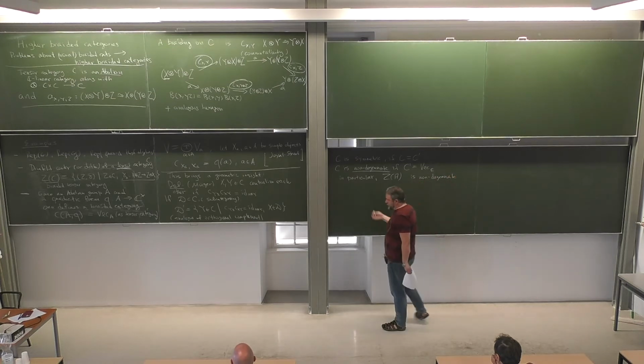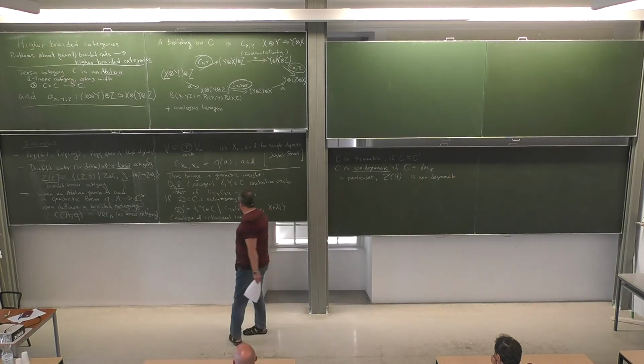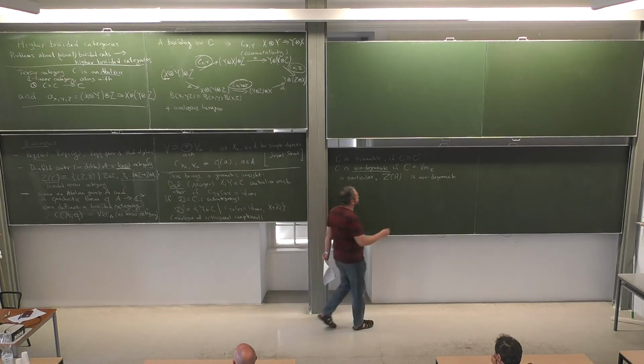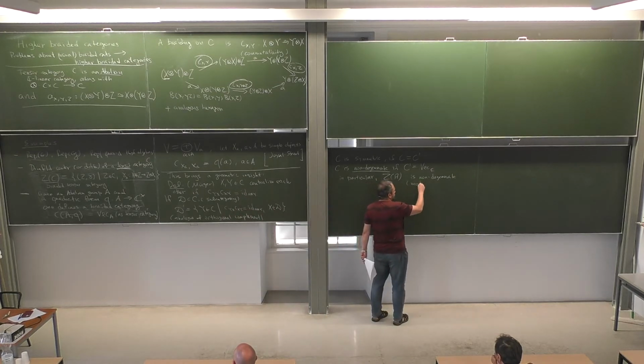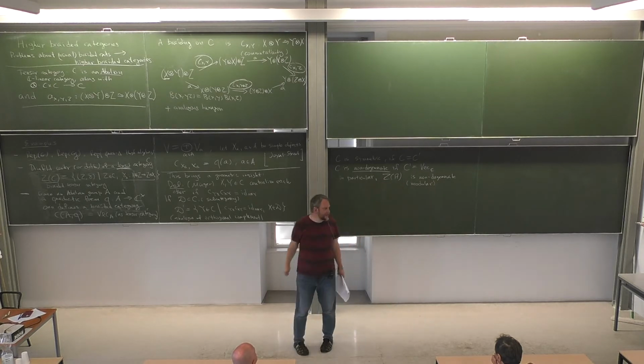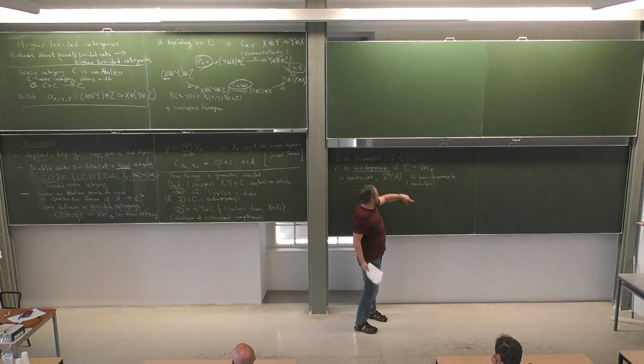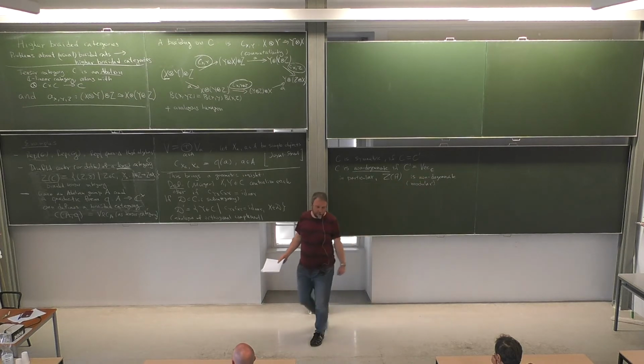Now, there are many reasons why non-degenerate categories are important. Incidentally, sometimes you would see the name modular category. That's almost the same, okay? In the presence of a ribbon structure, non-degenerate and modular are identical notions.